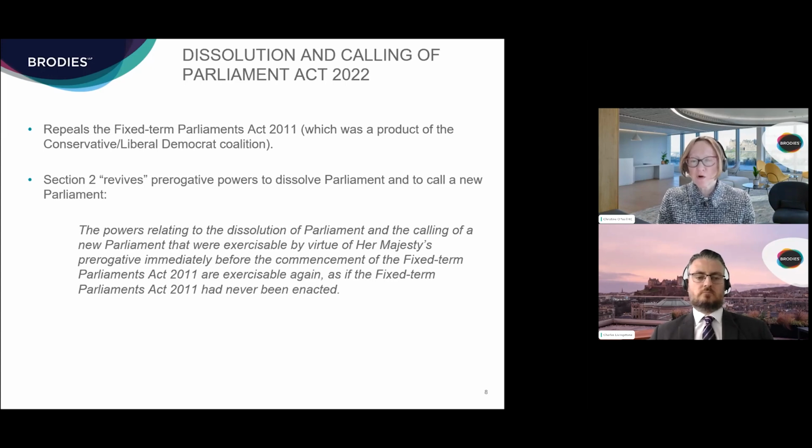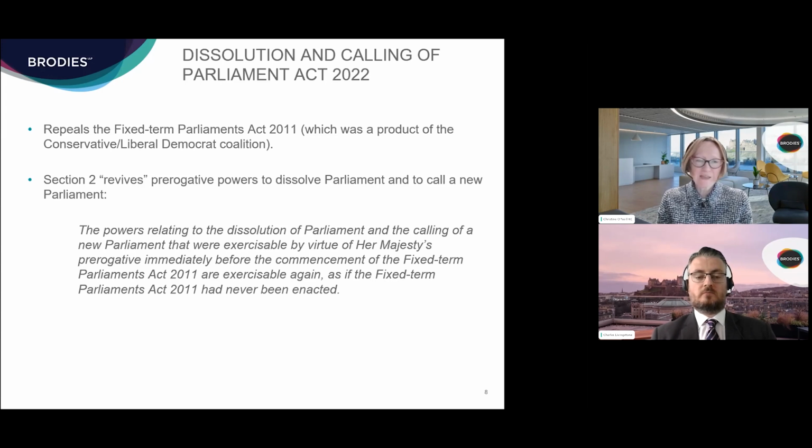Now, the Fixed Term Parliaments Act was not popular with all parties, and it was not popular with all sections of all parties, and it was not popular with those who might be described as constitutional traditionalists. And so it was repealed by the 2022 Act. What the 2022 Act provides for is effectively the revival of the prerogative power that we talked about earlier.